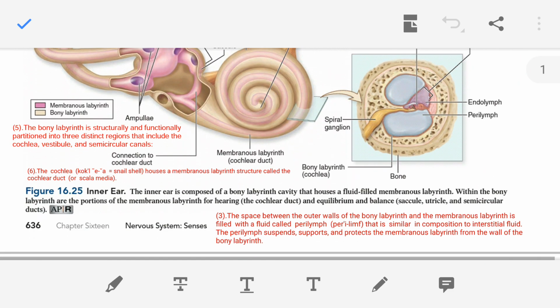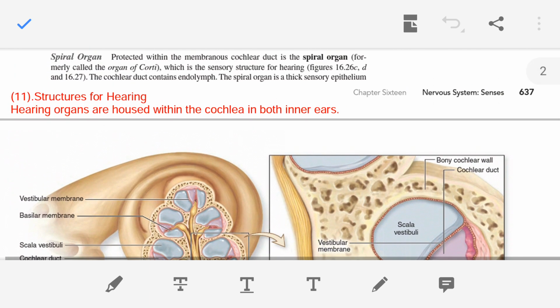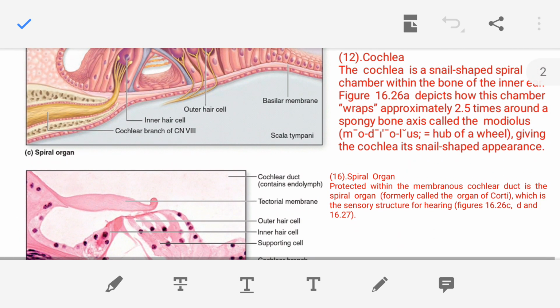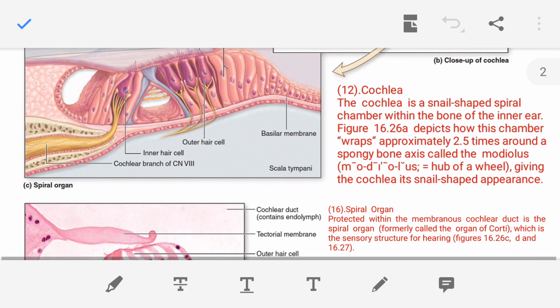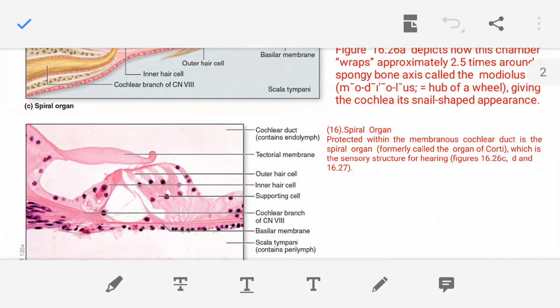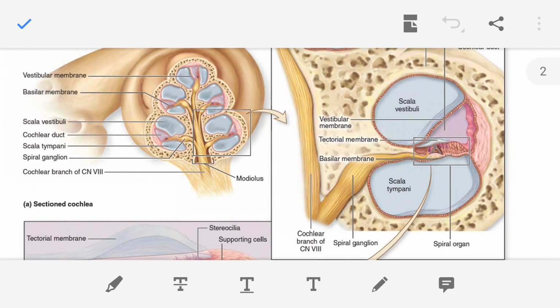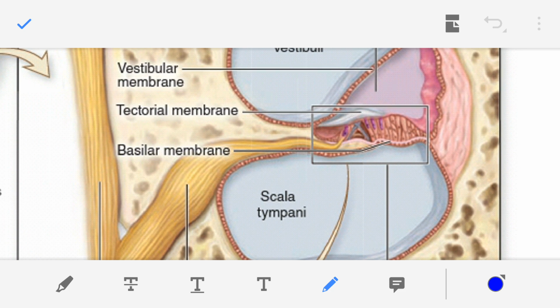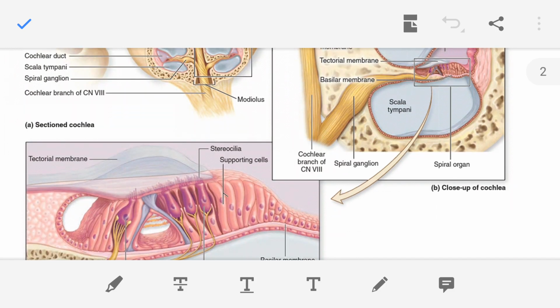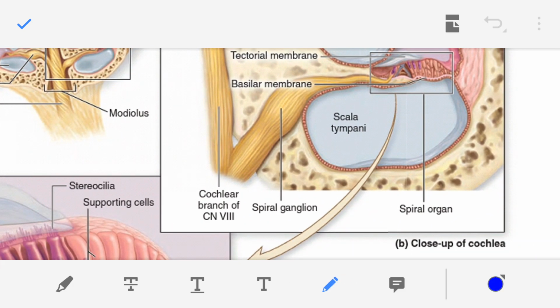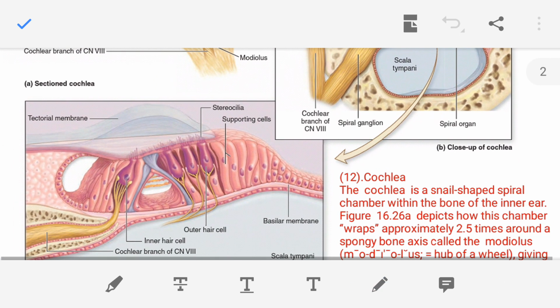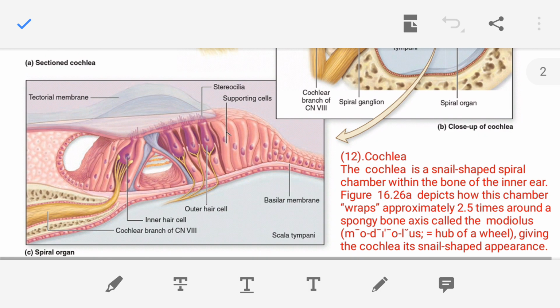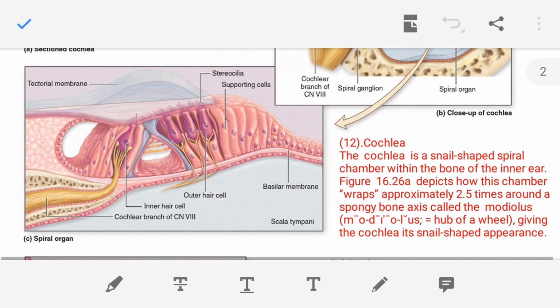Point number 16. Now we are discussing the spiral organ. This rectangle box, this part, is the spiral organ, and they have enlarged this rectangle box.